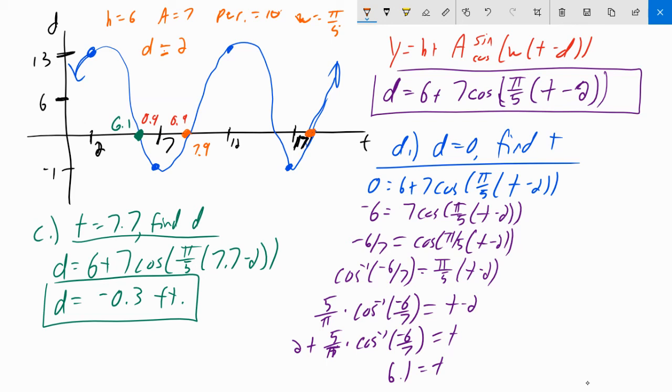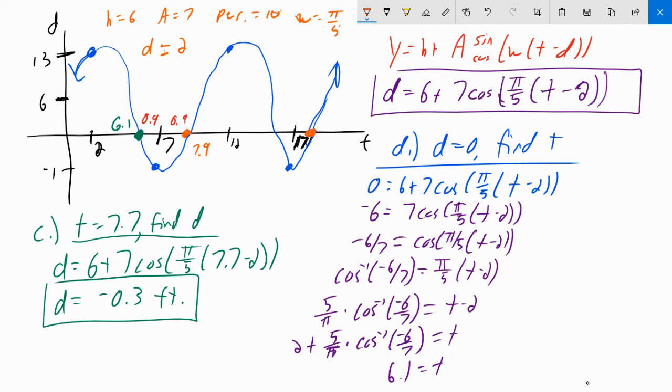I double checked that. Here, 2 to 6.1 is a gap of 4.1. If I go 4.1 in reverse, that's a negative number. We don't need to worry about that. So 7.9 is what we're looking for. I could use symmetry to build my way around, or no, every 10 seconds you repeat what you've done.